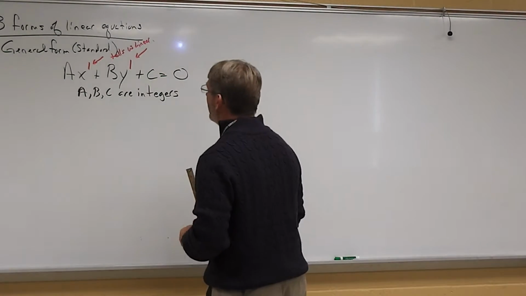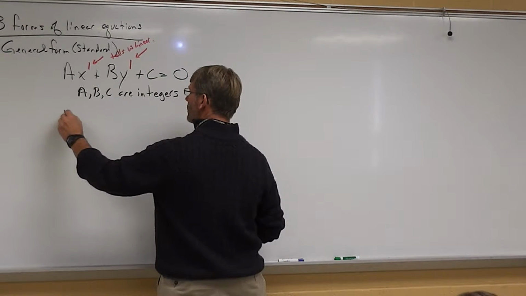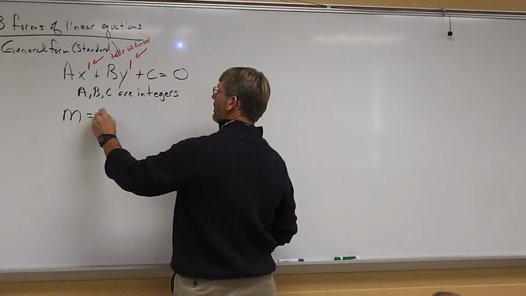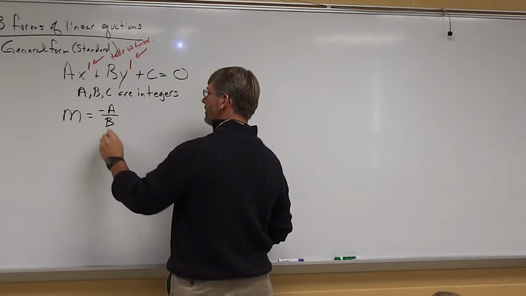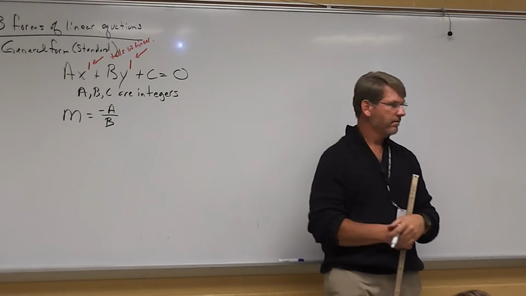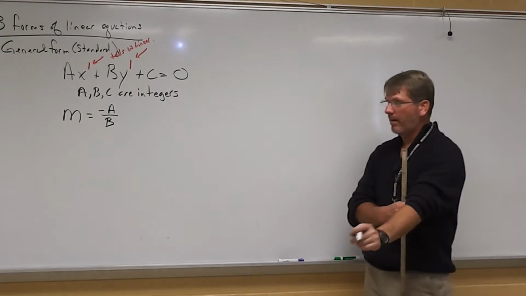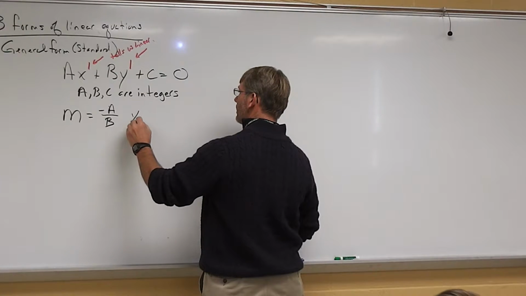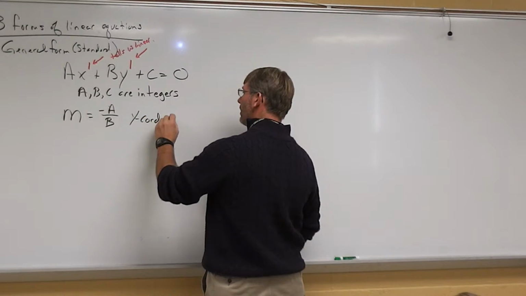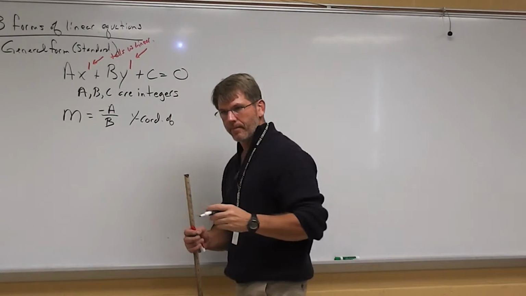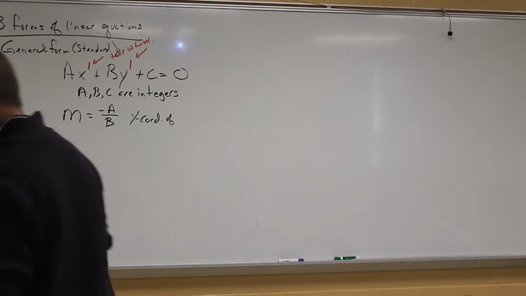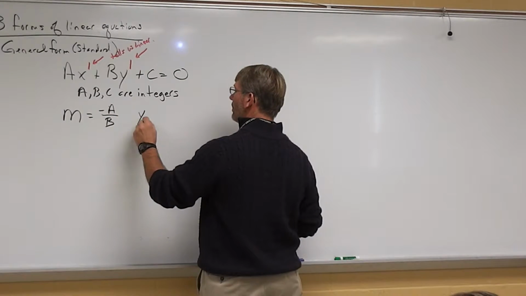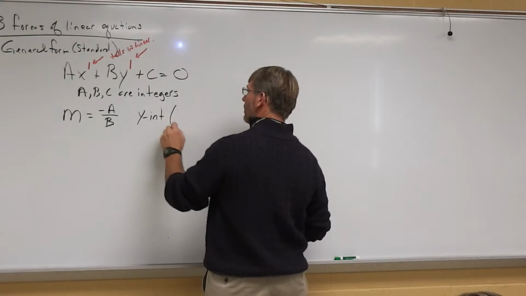Okay. Now here we can calculate the slope. And the slope is going to be negative a divided by b. Alright, and you've probably seen that little formula before. The y-intercept is along the y-axis, so the x-coordinate is what?